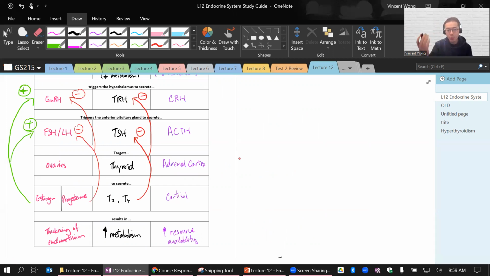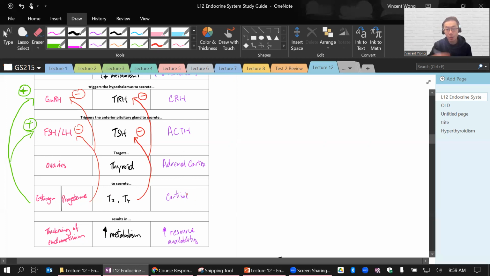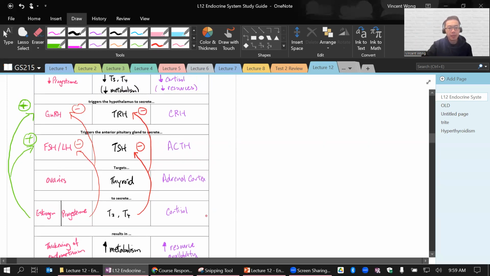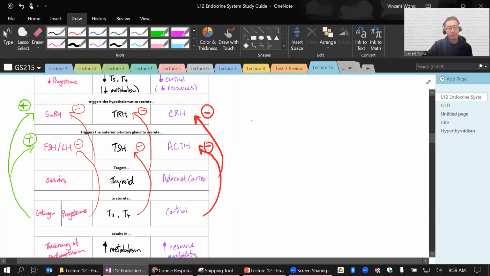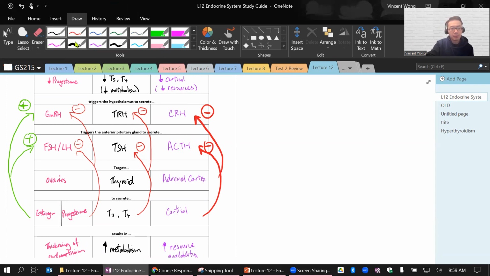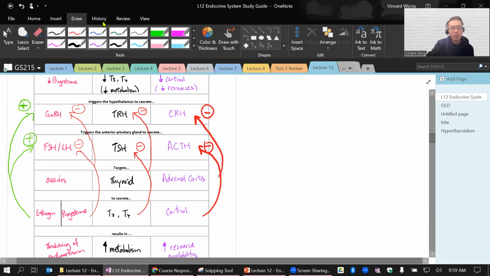So your cortisol level is going to go up a little bit to make sure that you have enough to run through the night, even though you don't really use too much while you're sleeping. And once the cortisol level is high enough, it should have this negative feedback just like before, to shut down its own production.